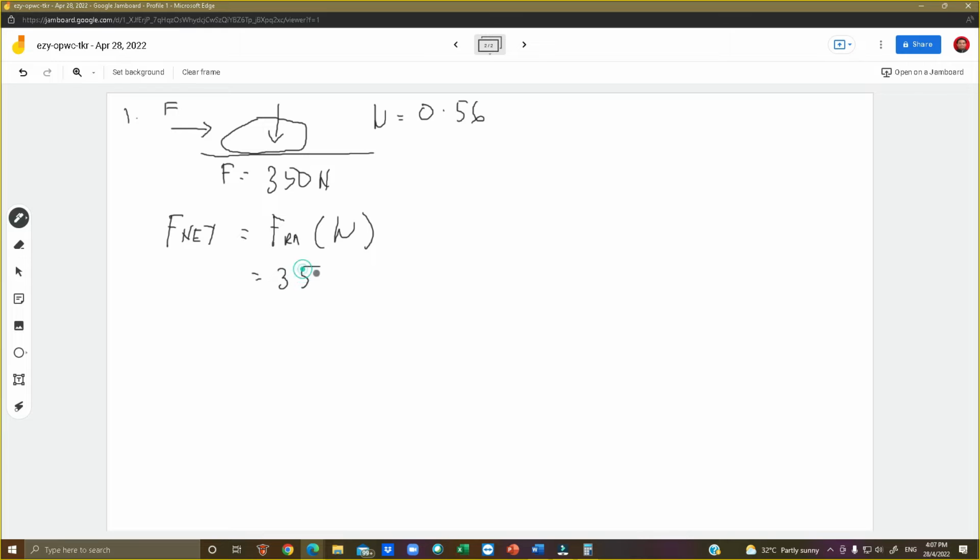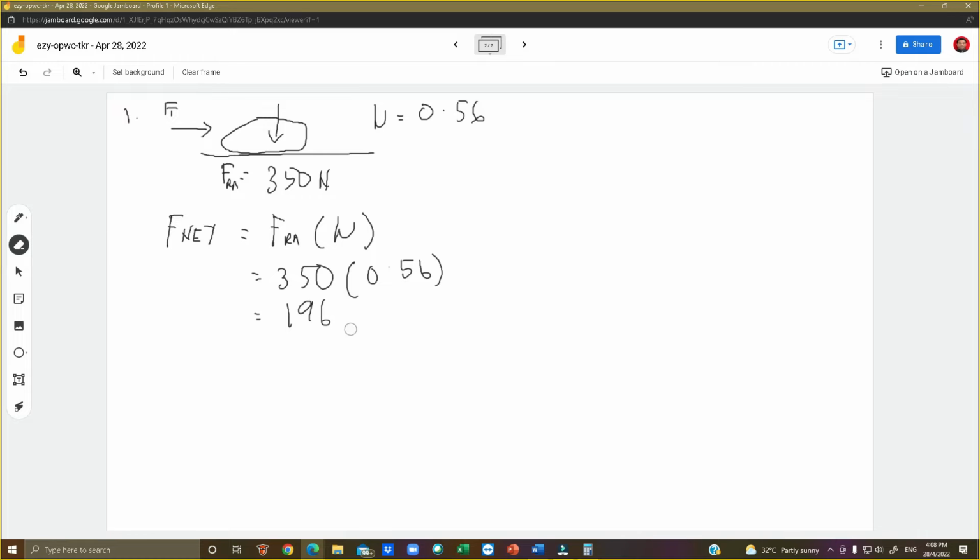Baru kita tahu berapa force ada dekat dalam sistem ni dulu. Kita dapat? 196. Okay.